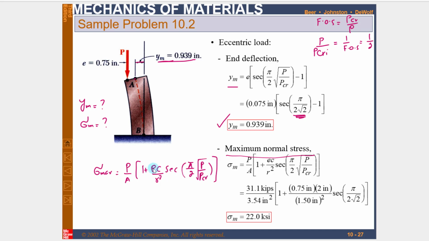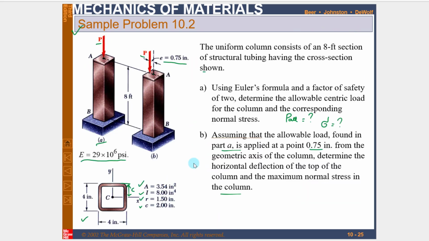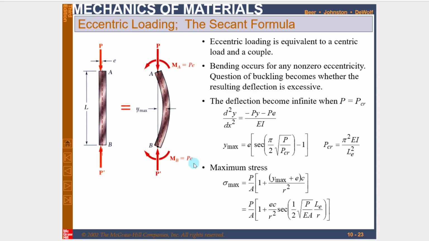So you have the value of e, you have c given, you have radius of gyration, P and P critical are also available, so you can put it in the formula and you will get the maximum normal stress is equal to 22 KSI. So this was all about secant formula and concept of eccentric loading on a column.